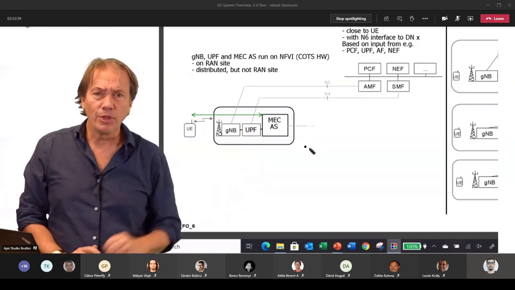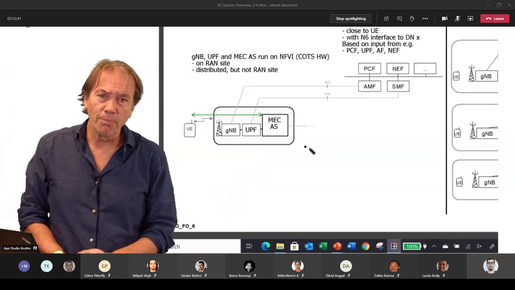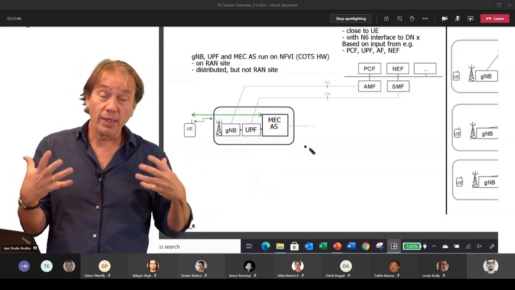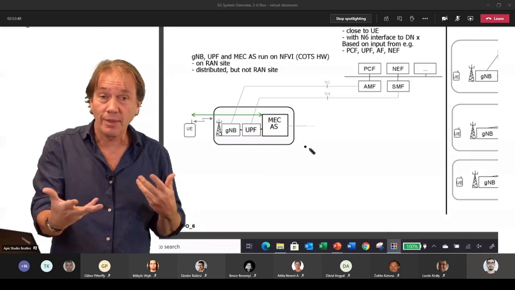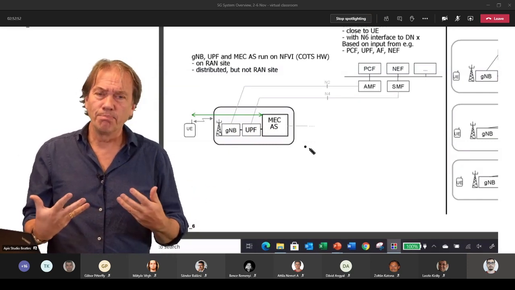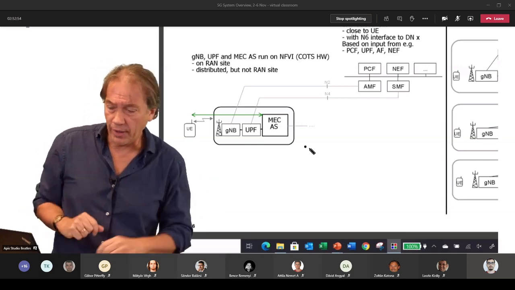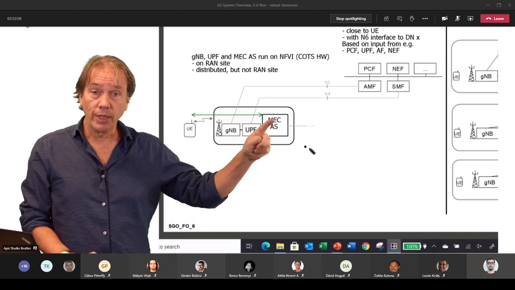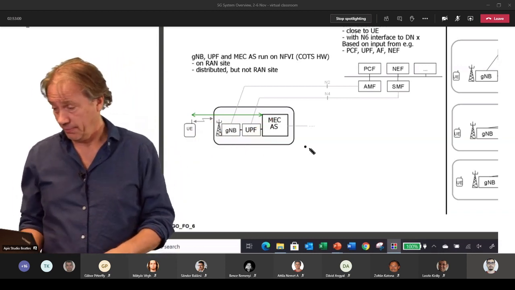Same thing, I think there was a hospital in some example. I suppose if there's a server which collects medical information from patients and equipment inside the hospital, that's more or less by nature a local thing. So why not try to keep the user plane local?